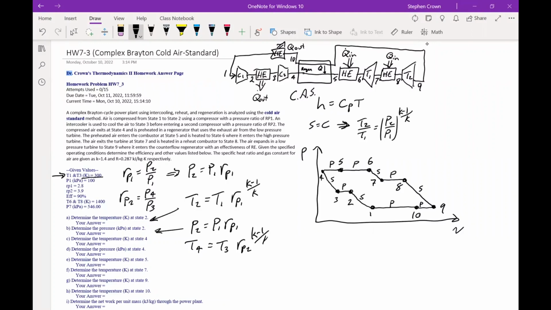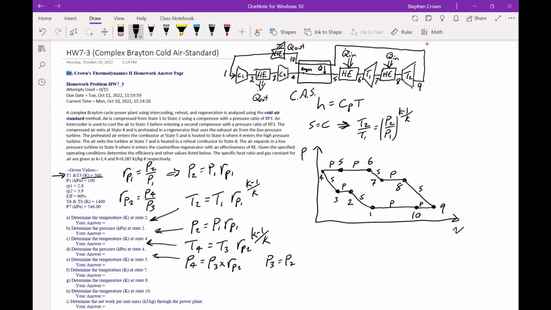And then the pressure P4 equals P3 times RP2. And then we have to note again that P3 equals P2.